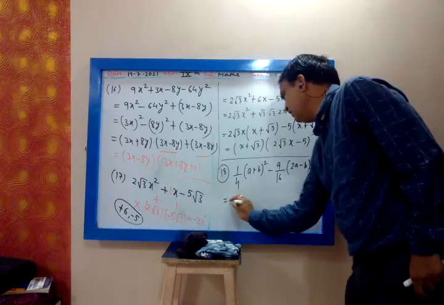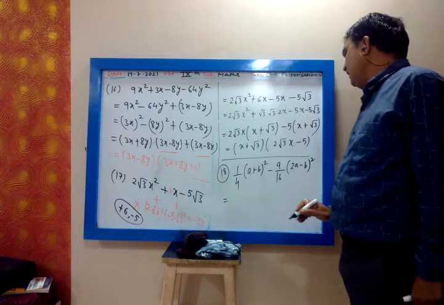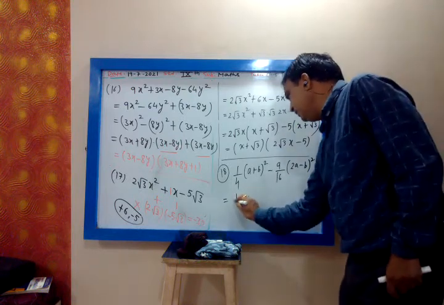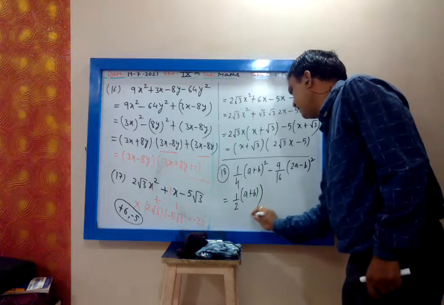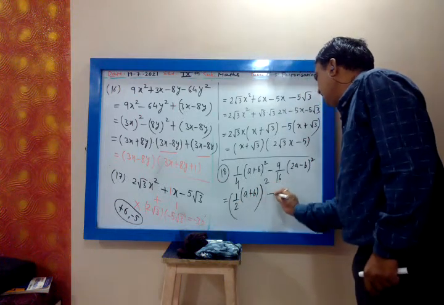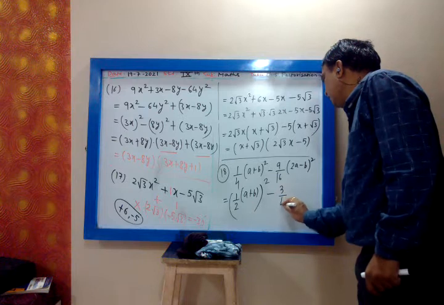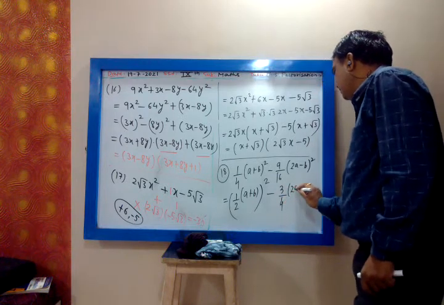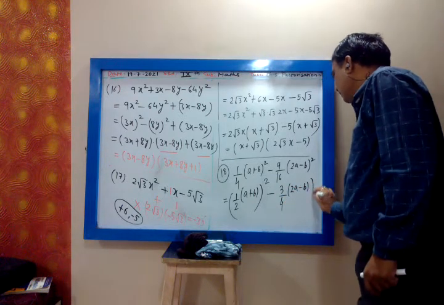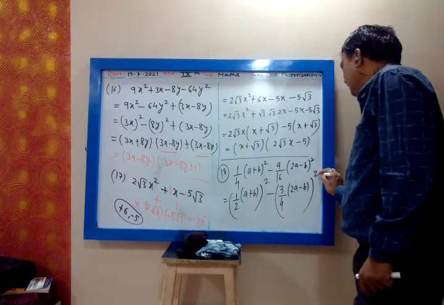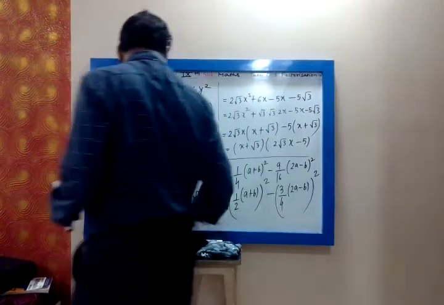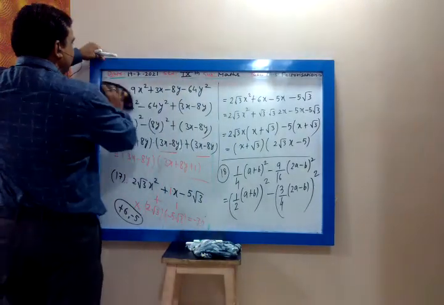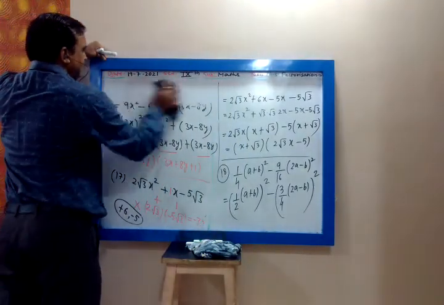So this I can write 1 by 2 (a plus b) whole square minus 3 by 4 (2a minus b) whole square. Then this is of the type x square minus y square. Yes, x square minus y square, no? X square minus y square is x plus y into x minus y.